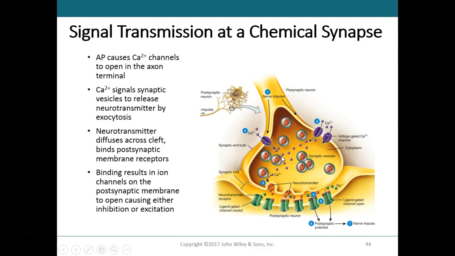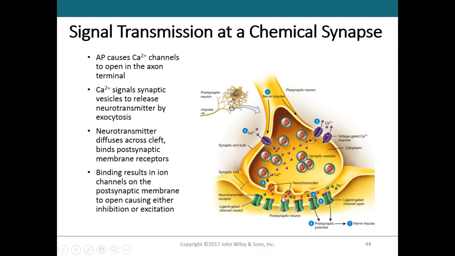So the calcium comes in, it triggers these vesicles to fuse with the presynaptic membrane and to dump their neurotransmitter into the synaptic cleft. The neurotransmitter then diffuses across the synaptic cleft and binds to receptors on the postsynaptic cell.